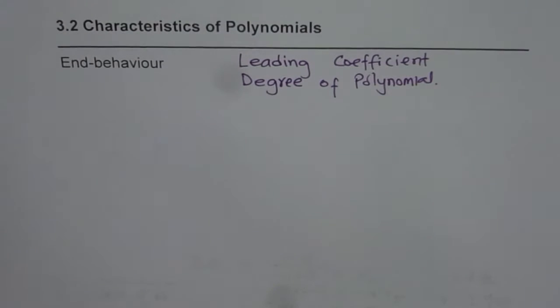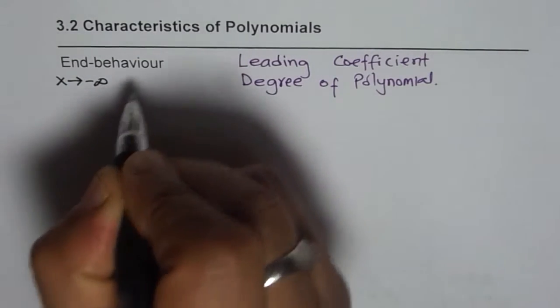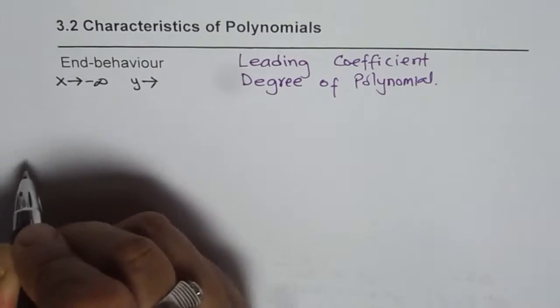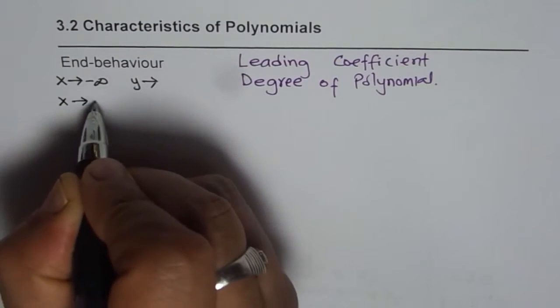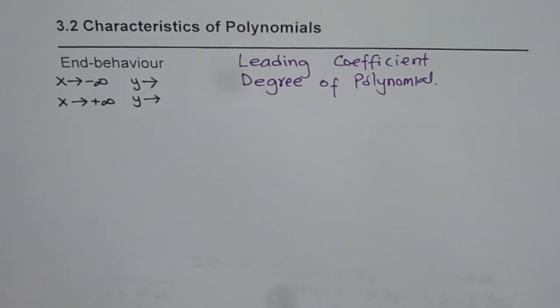Now I hope you understand what we mean by end behavior. End behavior really means if x approaches negative infinity, what happens to y? If x approaches positive infinity, then y approaches which side, positive or negative infinity?